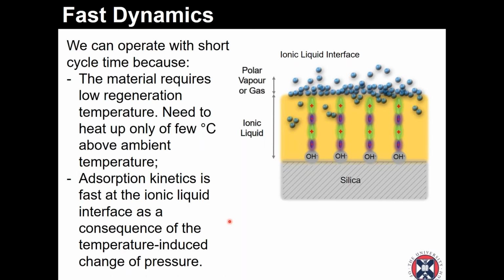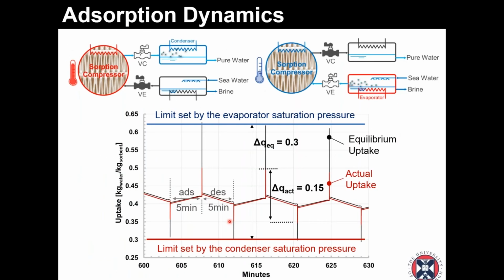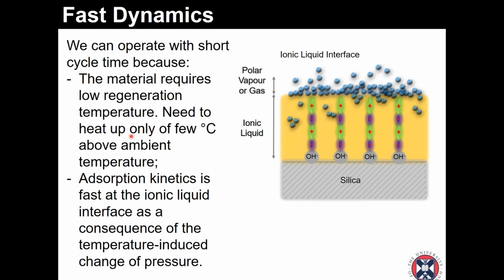As you've seen, the temperature we are talking about here is just a temperature difference from sometimes 30 to 40 or 25 to 30, so 5 or 10 delta T. So we don't need to spend time to heat up to 60 or 80 C the bed.